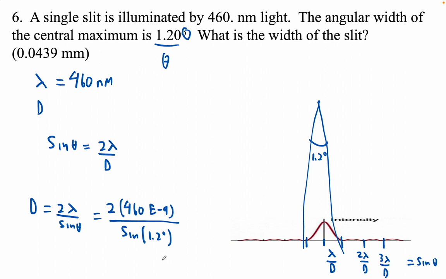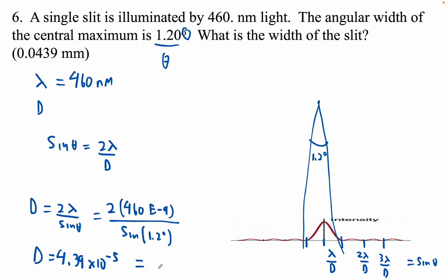So 2 times 460 times 10 to the minus 9th divided by the sine of 1.2. And I'm getting the d is 4.392999, right? So times 10 to the minus 5th, right?